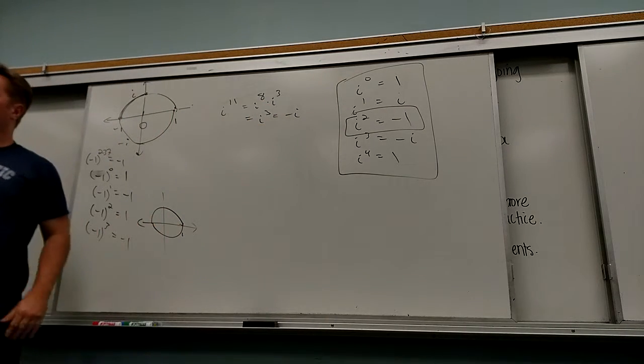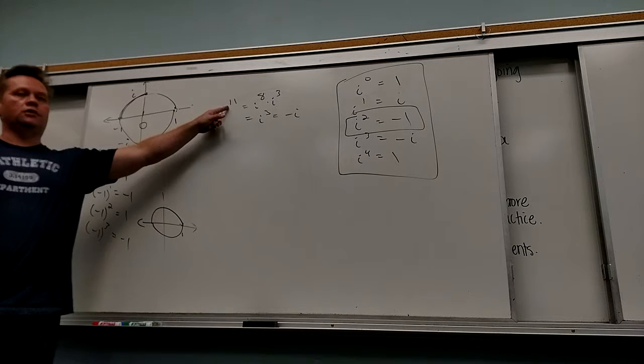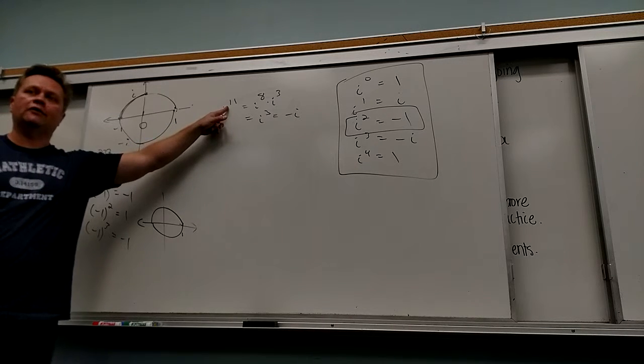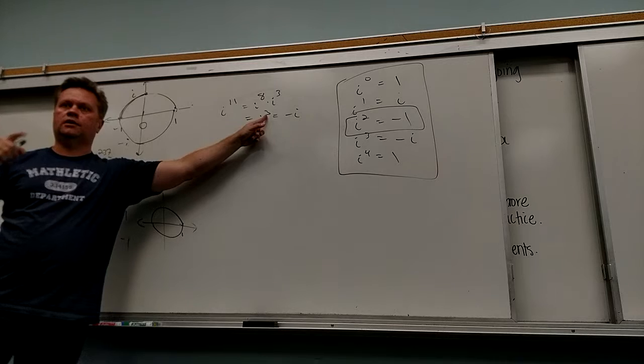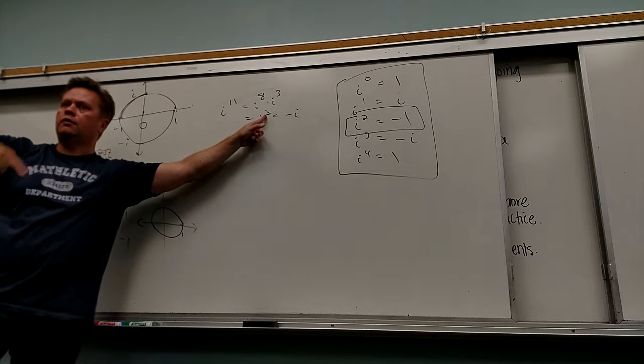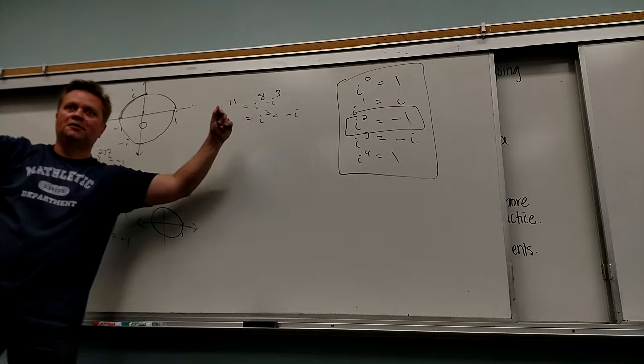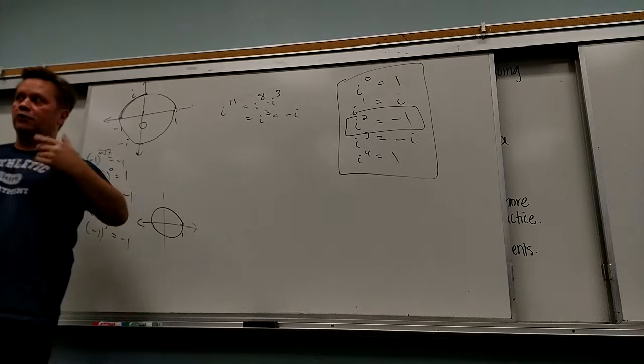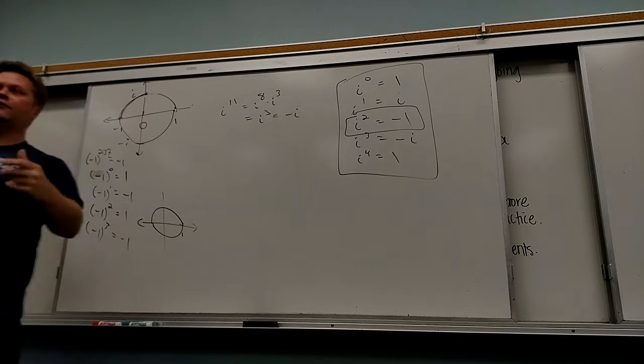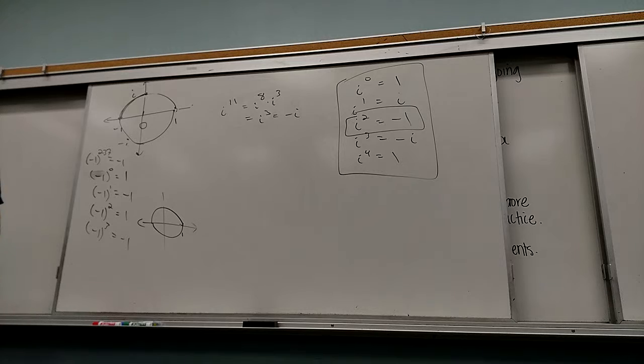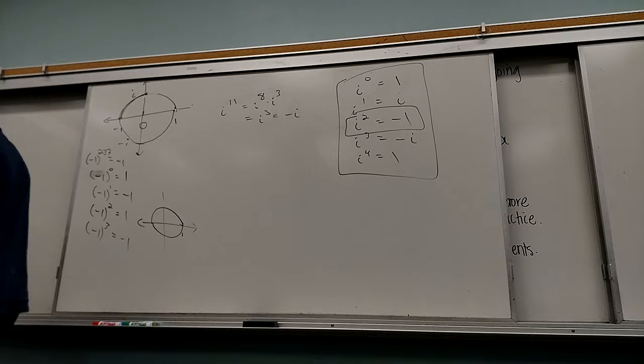So the more direct way to do it, 4 goes into 11 twice with how many left? That tells you where you are in the pattern. If you divide it by 4 and see what remains, it's sort of like if I said to somebody, turn around 7.5 times. I'm like, no, I'm not. If I turn around 7.5 times, I can just do this and accomplish the same thing, right?